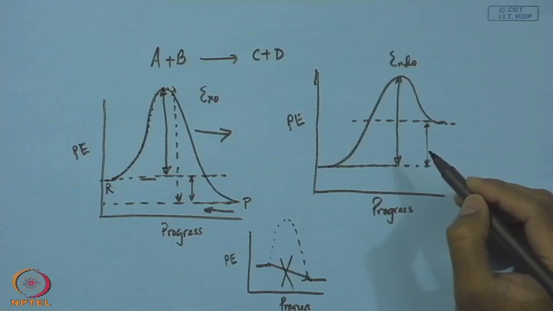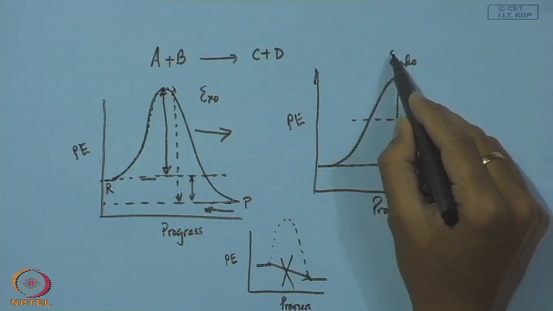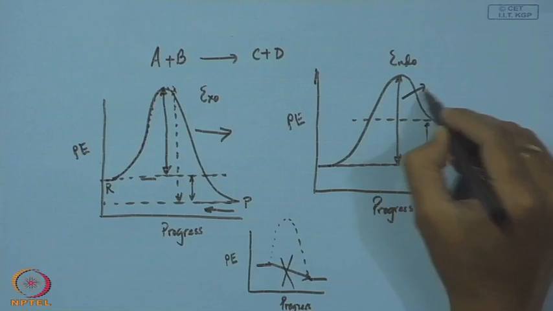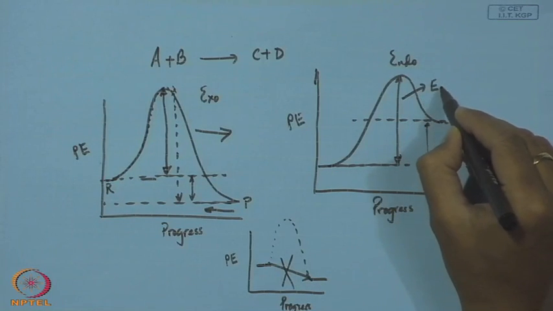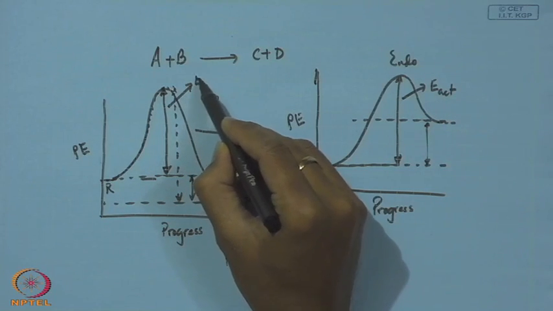So, this is the minimum amount of energy required by the system to cross the barrier. So, this is your activation energy. Again, this is also your activation energy.